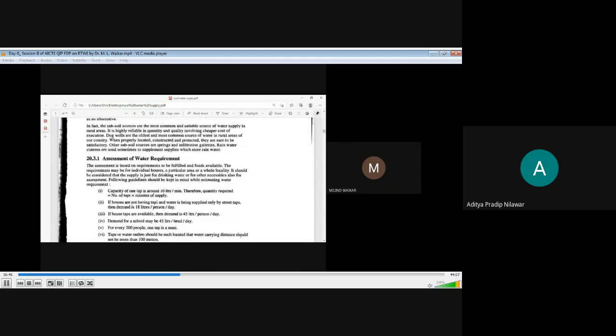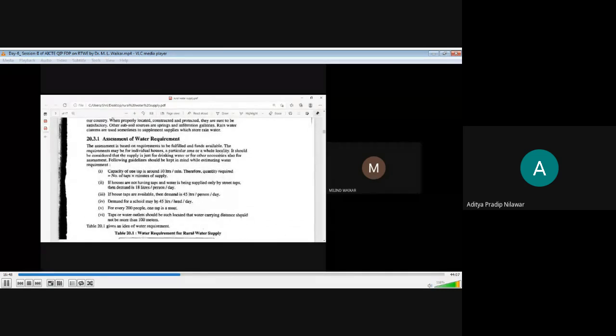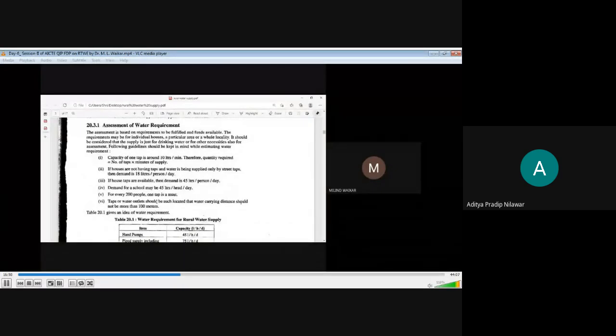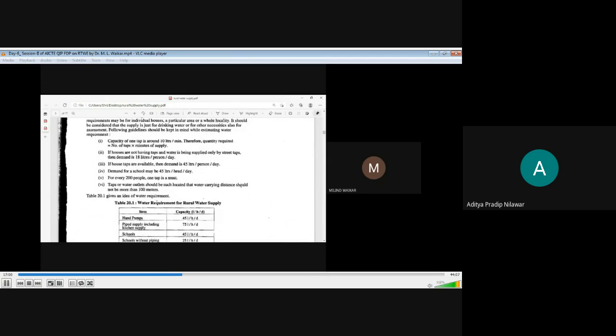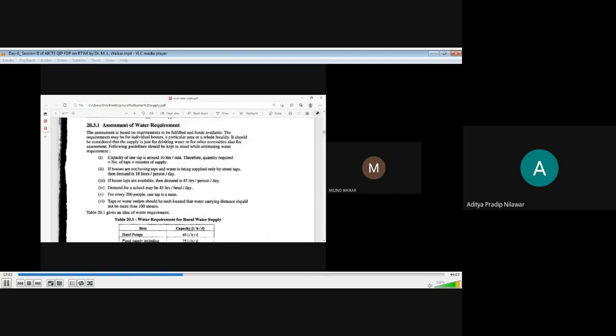So before actually constructing the source for water supply system, we need to assess the water requirement in rural population. Okay. So this assessment is based on requirements to be fulfilled and also how much money we have marked for the RTWEs.